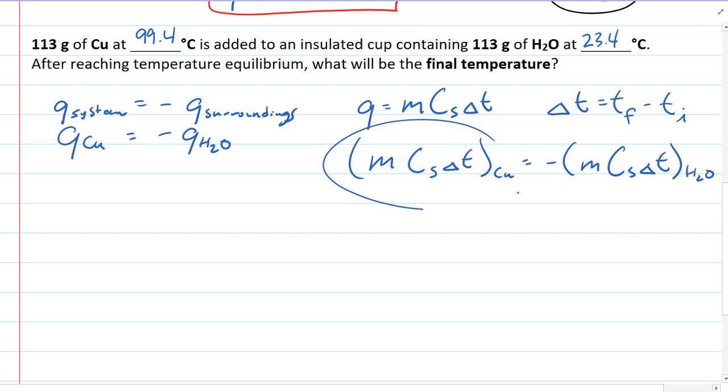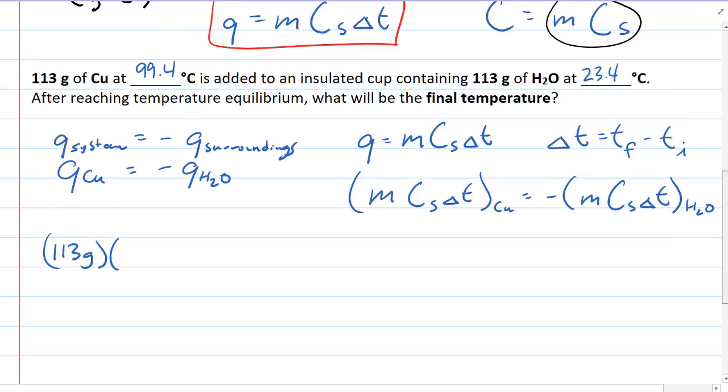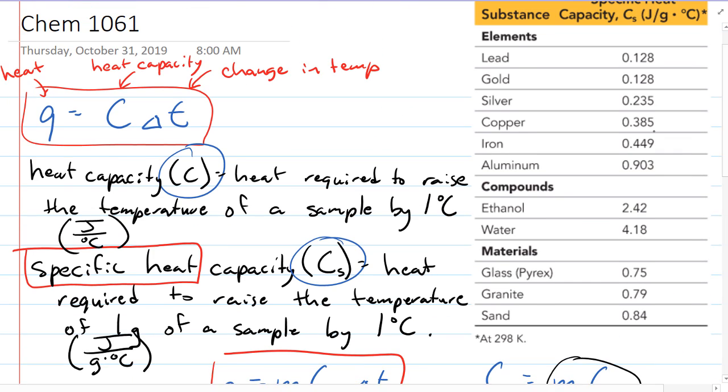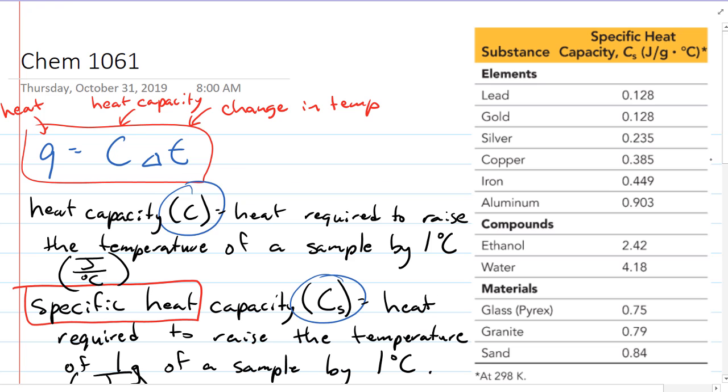On the copper side, what is the mass of the copper? 113 grams, exactly. What is the specific heat capacity for the copper? Well, we come back here. Where you're going to find this, I forgot to write down the page number in your text, but you'll be using these in your homework.